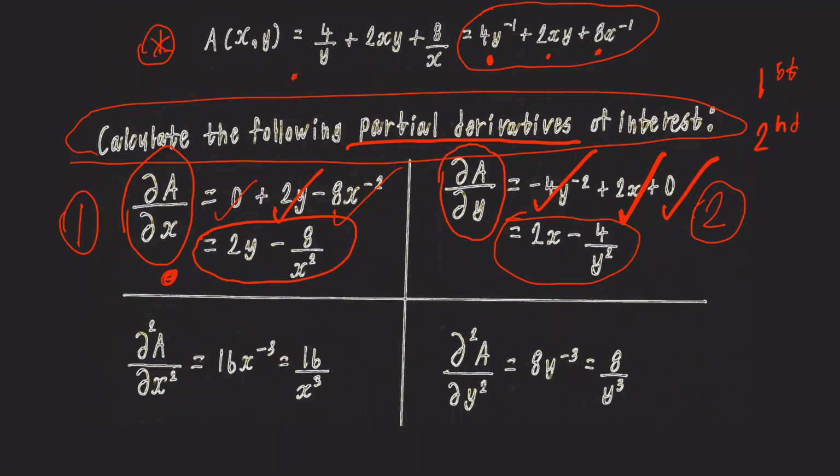And then there's the second order partial derivatives. The most obvious ones are this one and this one. Again, we are doing exactly the same thing. We're just going to partially differentiate it with respect to x, and this one with respect to y.